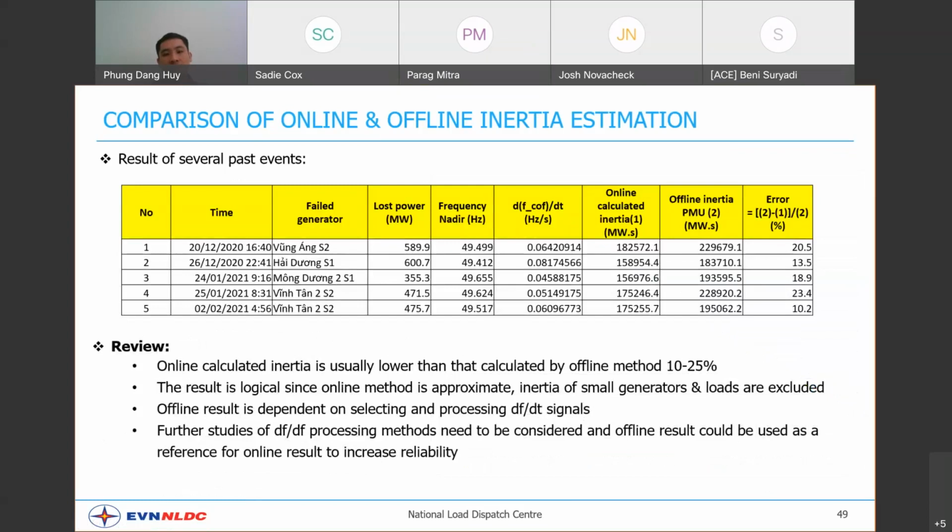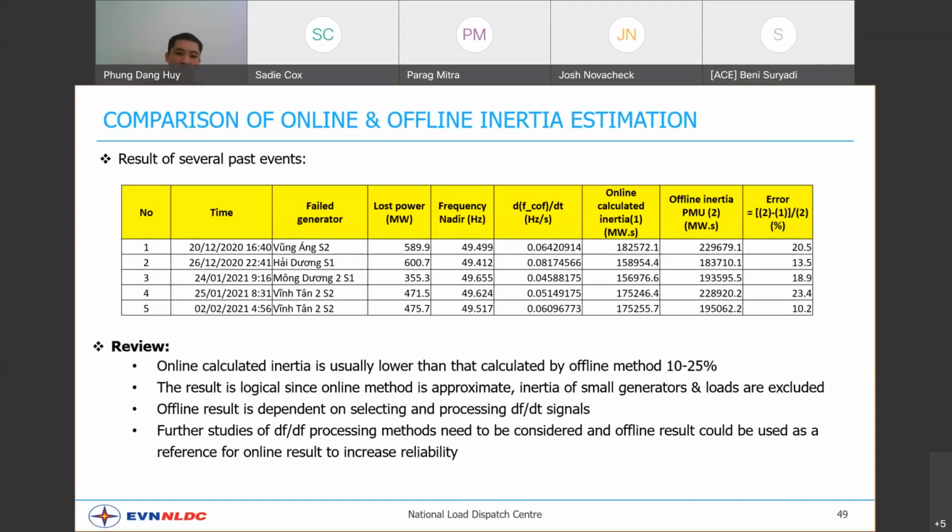With the results from offline inertia estimation, we try to compare the values from offline and online estimation, and you can see that for every case, the offline calculation is usually larger than the online calculation by 10 to 25%.